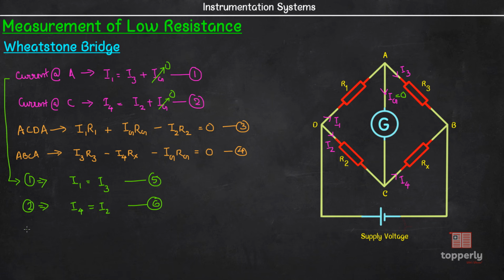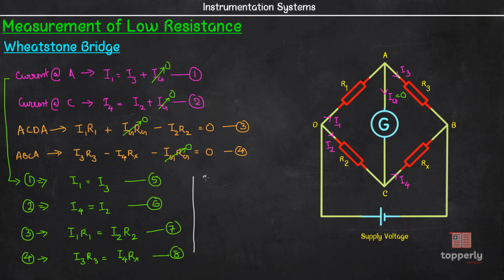Similarly, we can write equation 3 as I1 R1 equal to I2 R2 because this term is 0, and this is equation number 7, and equation 4 transforms to I3 R3 equal to I4 Rx because this term is 0, and this is equation number 8.